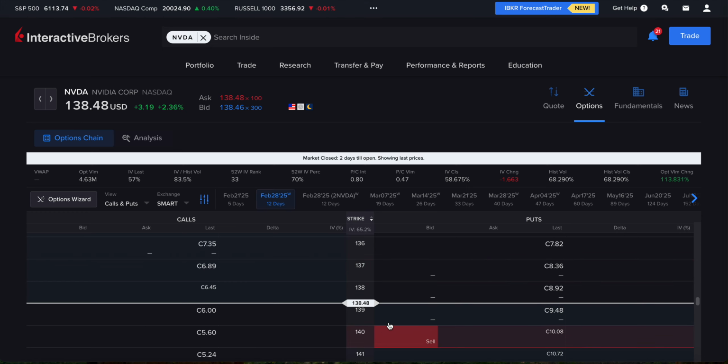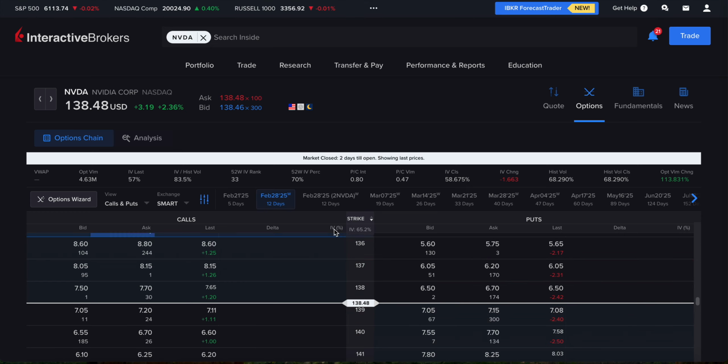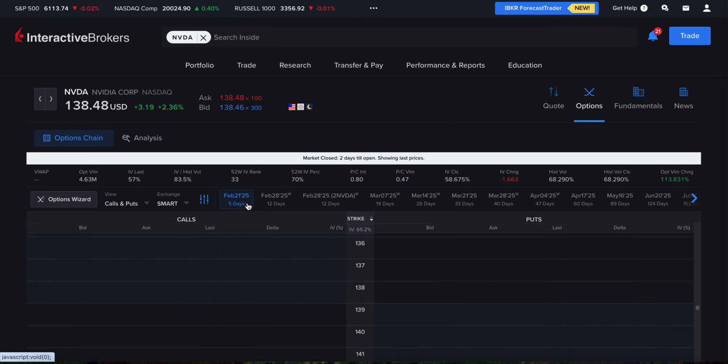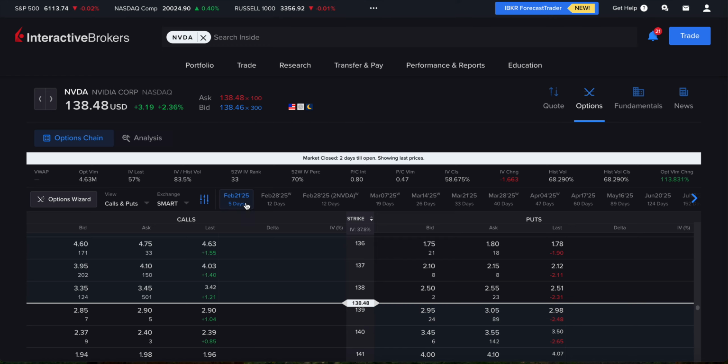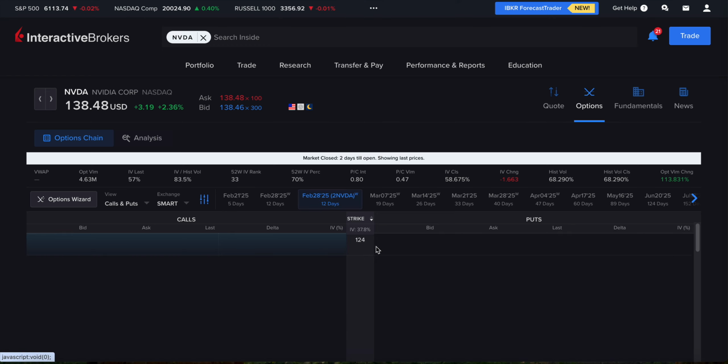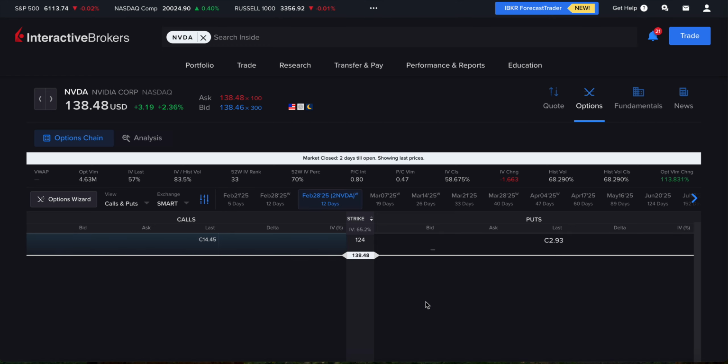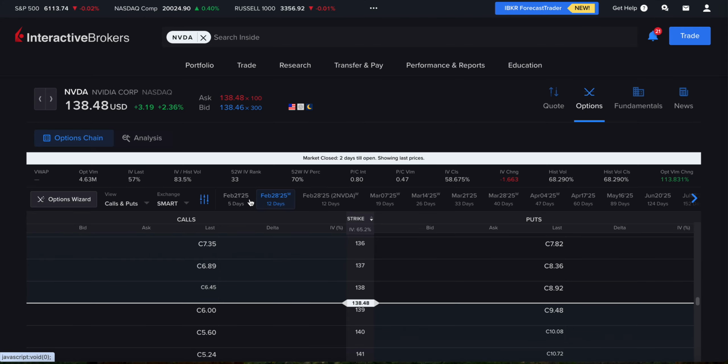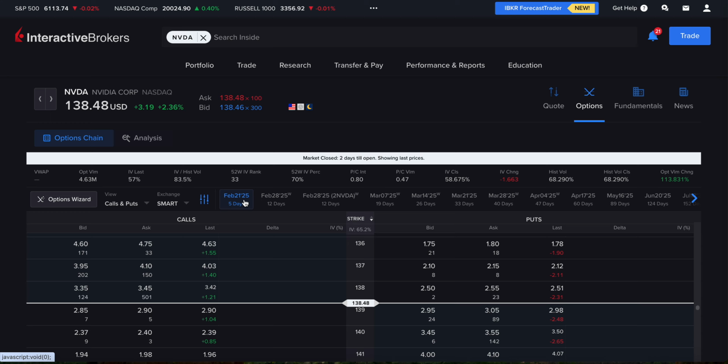So from February 28 to March 07, the increment in premium actually decreases. It's not as significant as from February 21 to February 28. This is typical of weekly options because they are quite volatile.